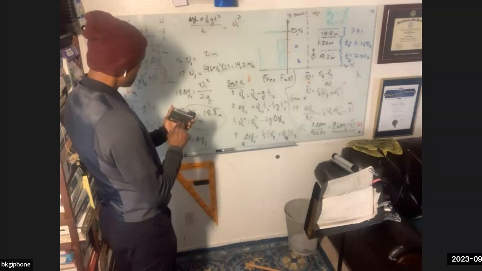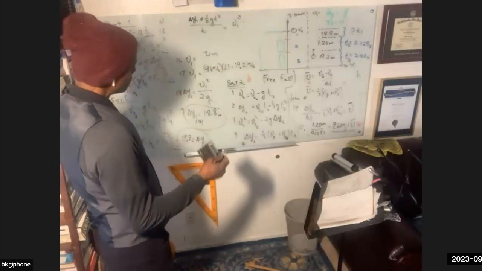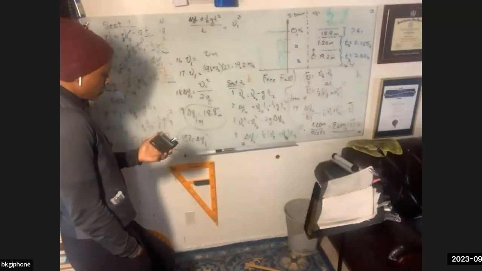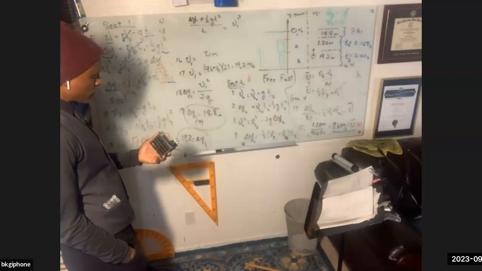And then I get 8.987 meters per second for v1. That's going to be the velocity of the ball when it gets to the top of the window. So I used 9.81, so I got minus 8.986.